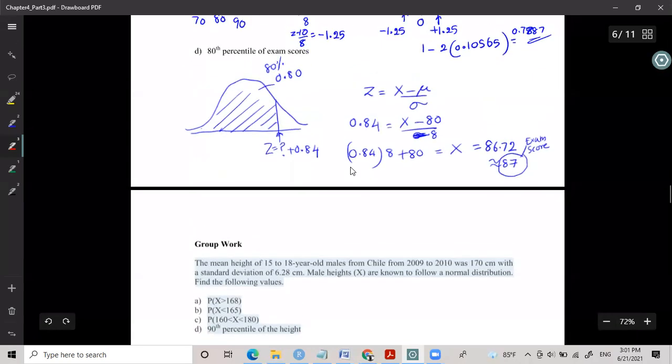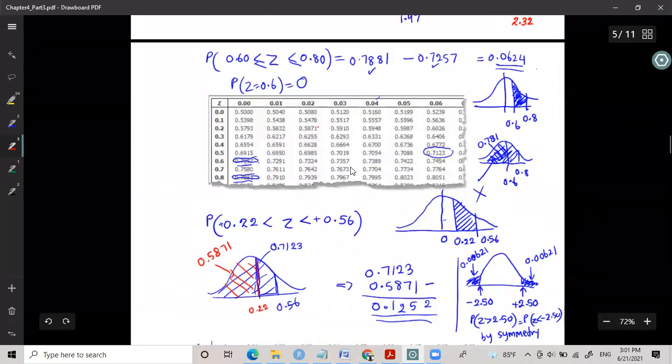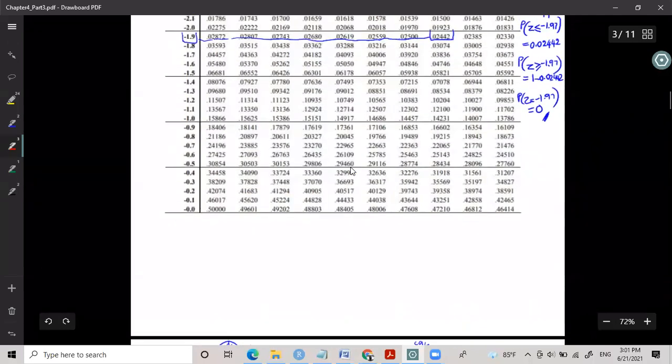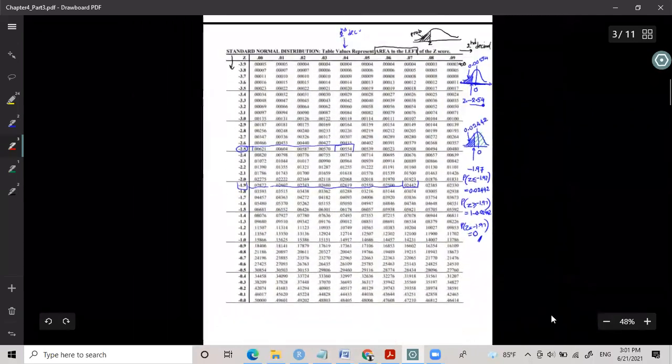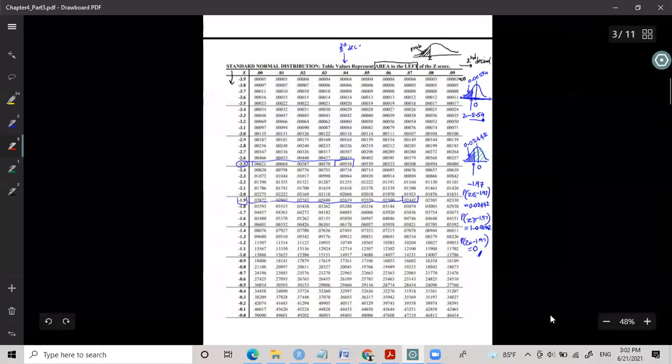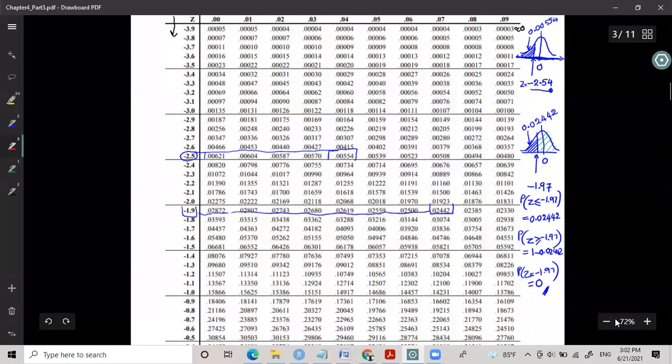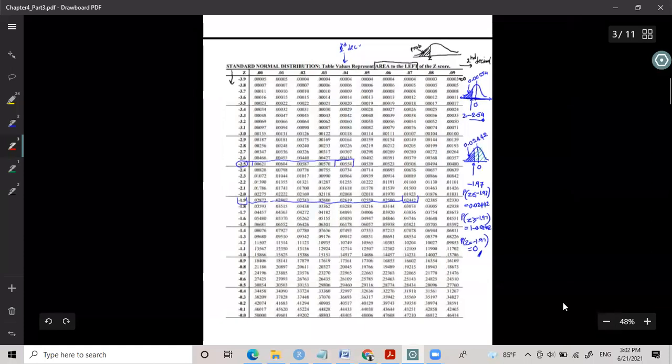Okay, so I will show you the table. Can you get a screenshot or something for your reference? So here's the negative side.